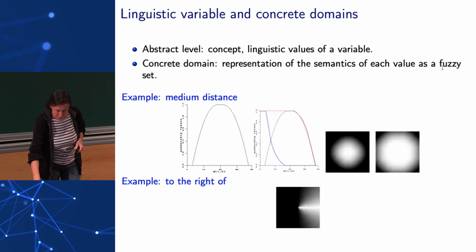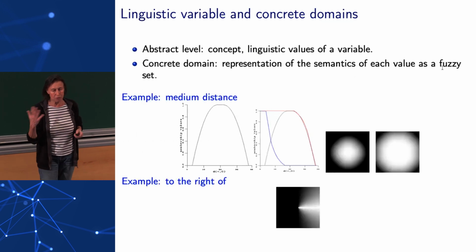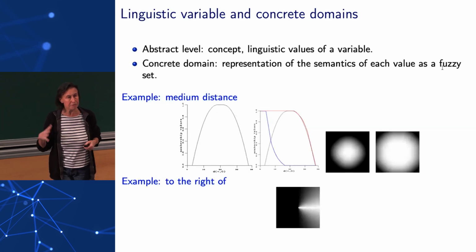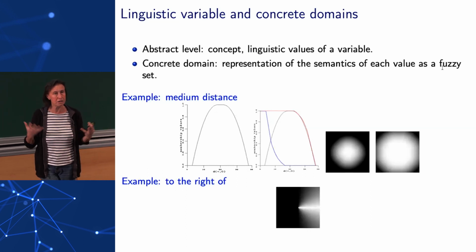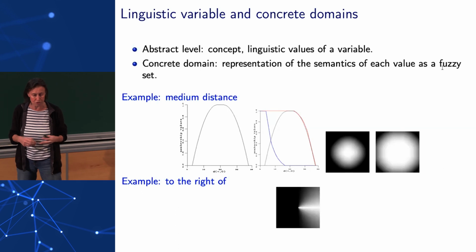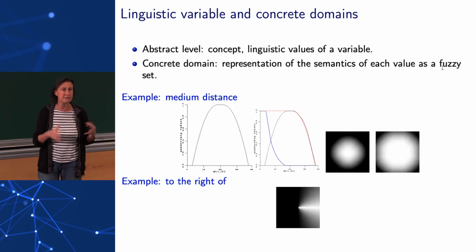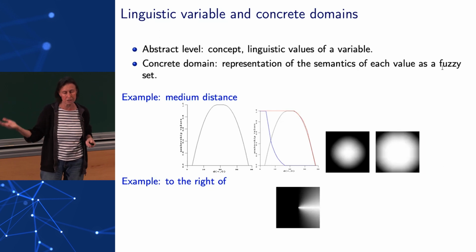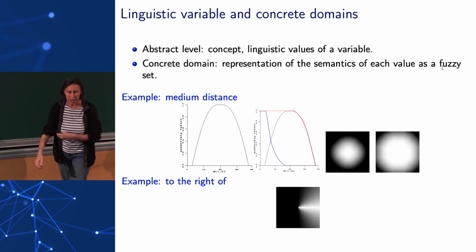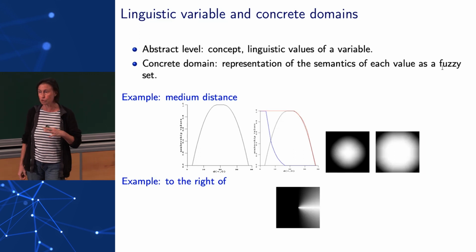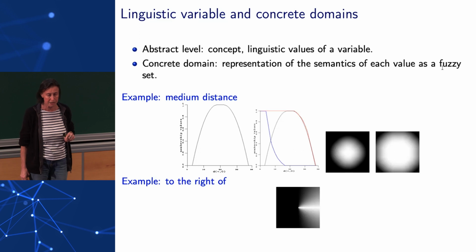Let's give an example. Imagine that we have, at an abstract level, a concept described by a linguistic value of some variable. For instance, if we are interested in size or distance, we can say it's large, medium, etc. So we have a set of possible linguistic values. To define the meaning of these values, we have to go to the concrete domain, for instance the image space.